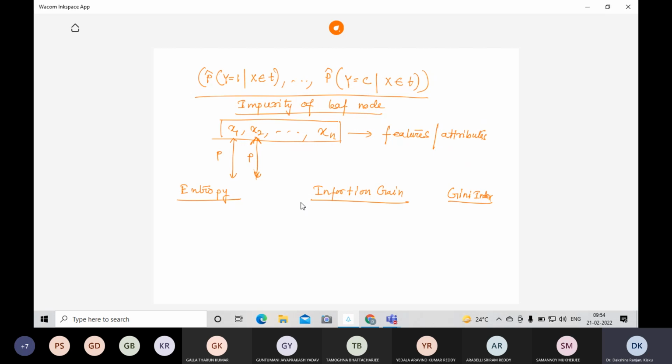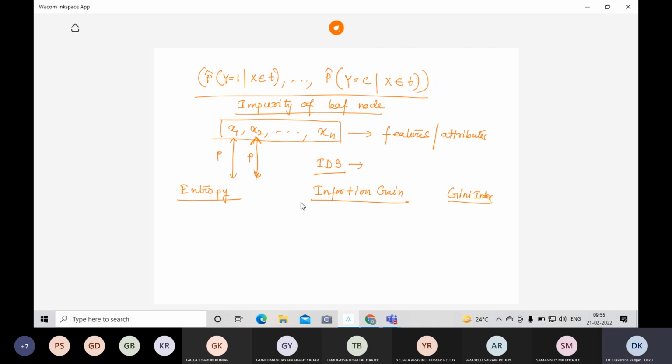For your information, entropy and information gain are used in a particular variant called ID3. ID3 means Iterative Dichotomiser 3. This is one variant of the decision tree. Only these two splitting parameters are enough to split the decision tree based on the idea of the ID3 variant.